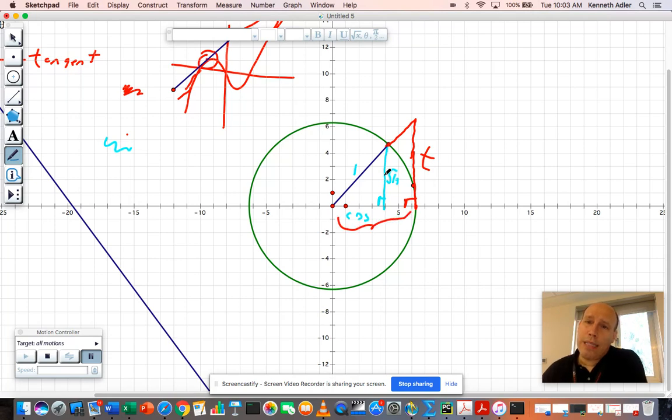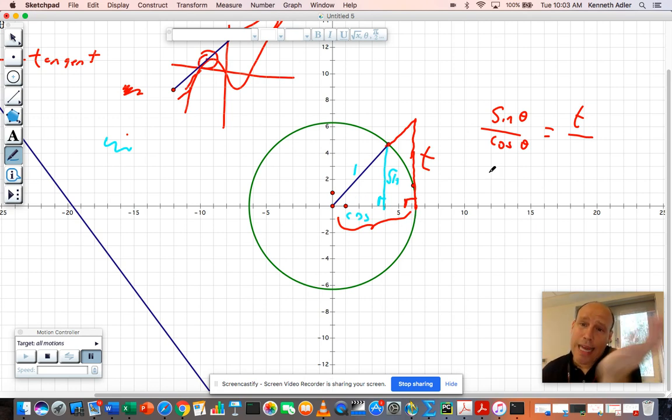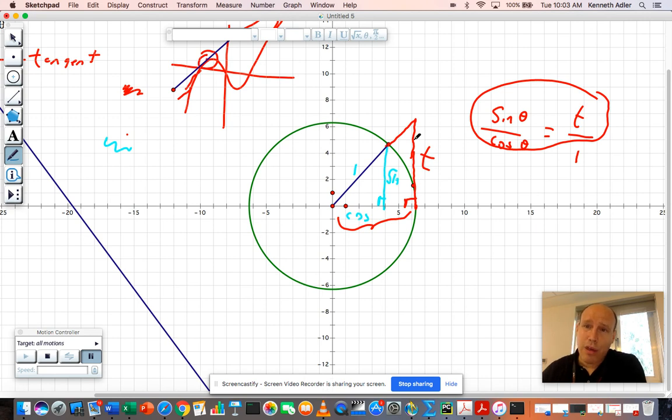We know sine over cosine is equal to this T over this length down here, the base of the big red triangle. Because it's the radius, it has a length of 1. Not a coincidence that T is tangent. So this length represents the tangent of this angle.